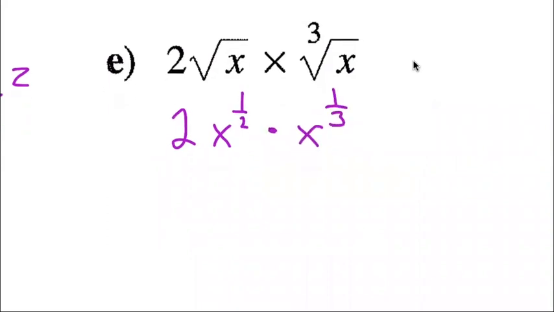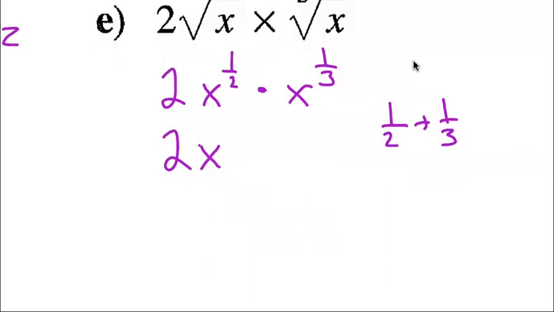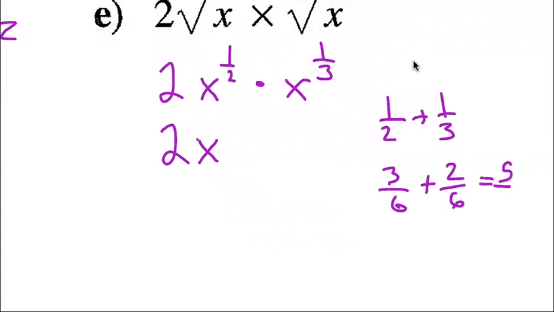Same base, I add the exponents. 2x to the power of 1 over 2 plus 1 over 3. Common denominators because we're adding. This is going to be 3 over 6 plus 2 over 6, which is 5 over 6.